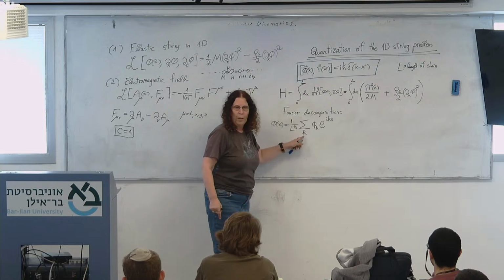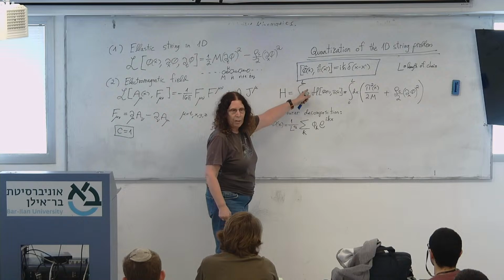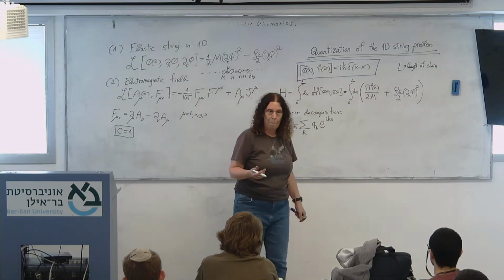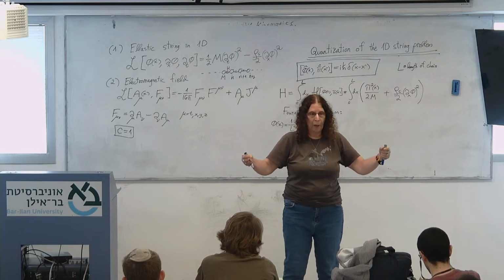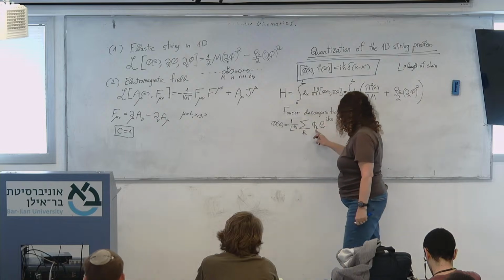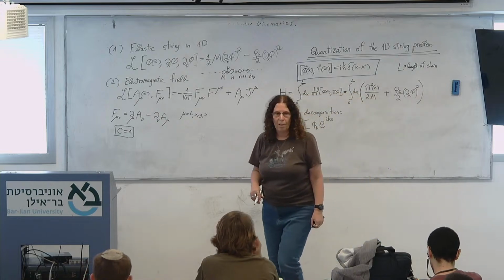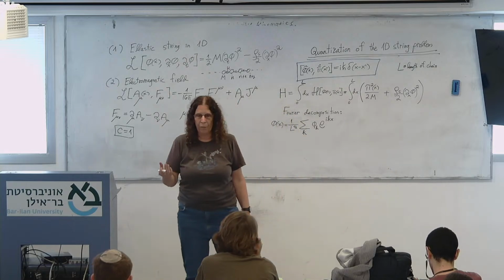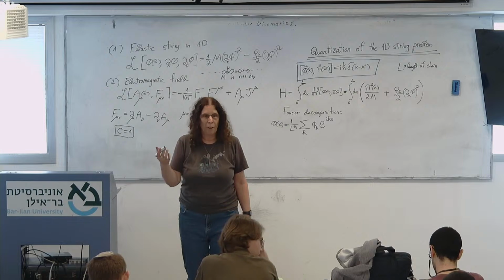In fact, it would be an integral in the limit where L goes to infinity, but if L is finite, L is the length of the string, and these k's are going to define for us some wavelength, right? Because 2 pi over k is a wavelength.